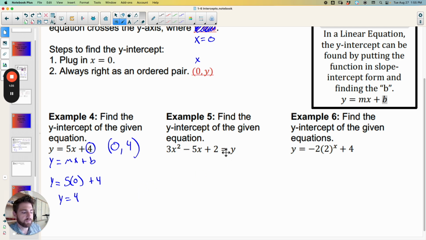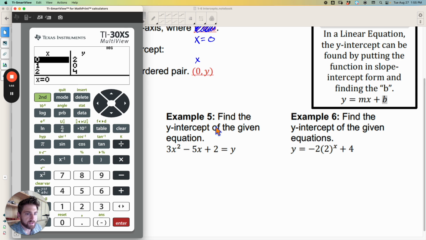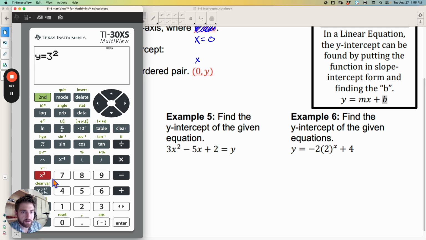Alright, let's do example 5. If you remember, in the last week and last lessons, we taught y'all a way to use the table function, and you can plug in your equation in the table function. So I'm going to plug this in.